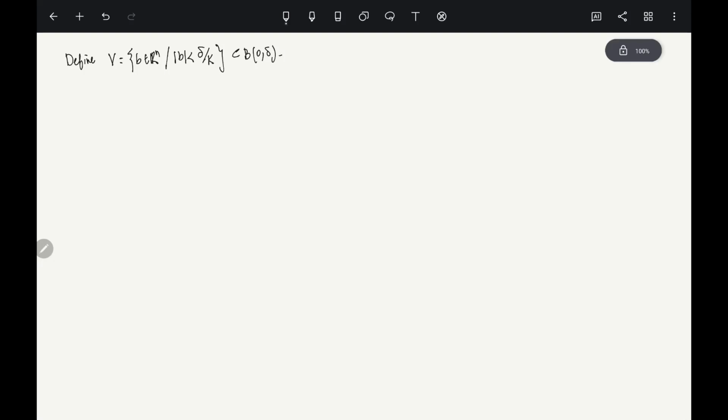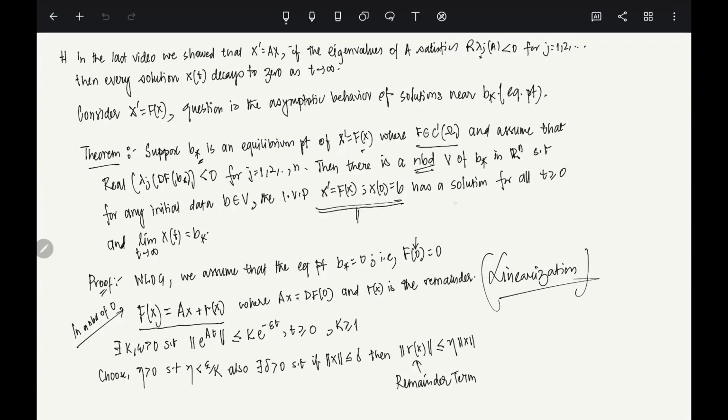You understand? So therefore, if a solution exists for all t in [0, infinity)... see, we have to prove it exists for all time t.